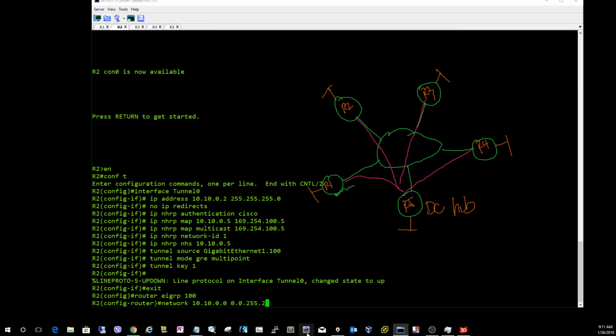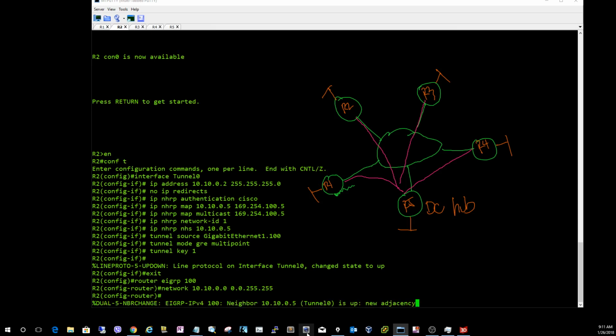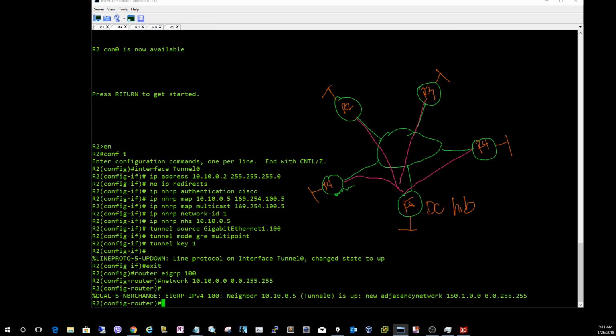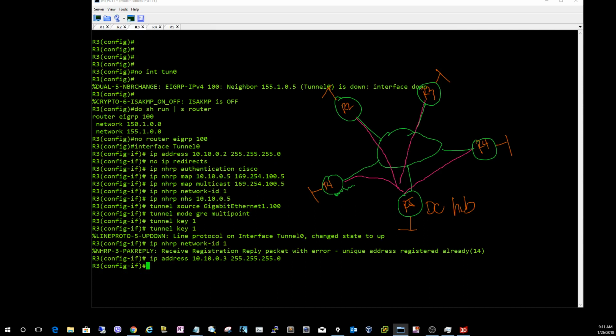0.0.0.0. The network. Okay, so router 3, router EIGRP 100, network 10.10.0.0.